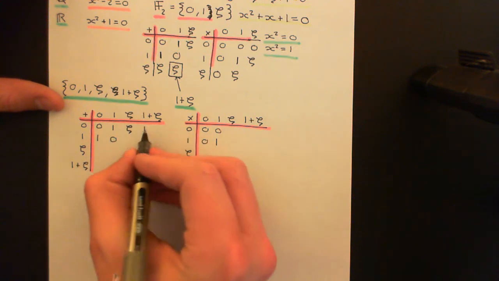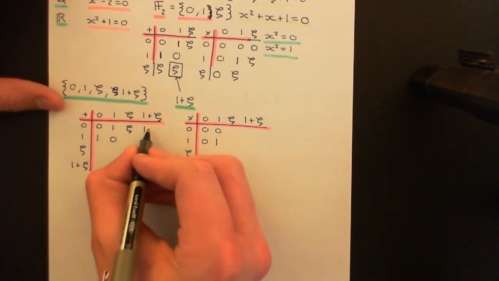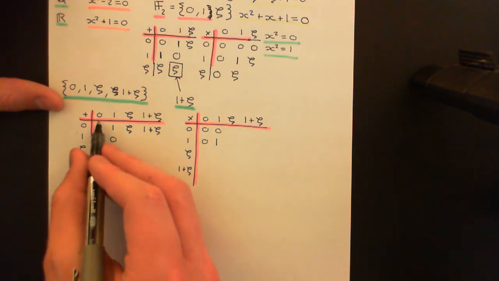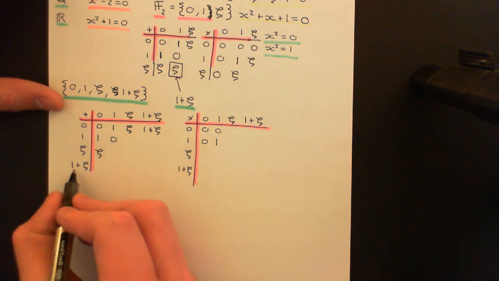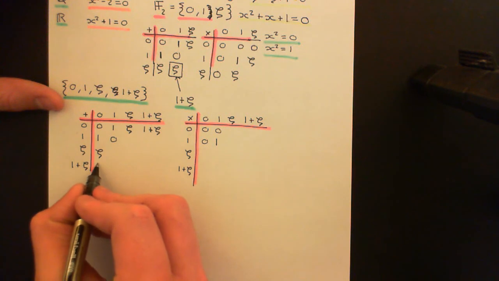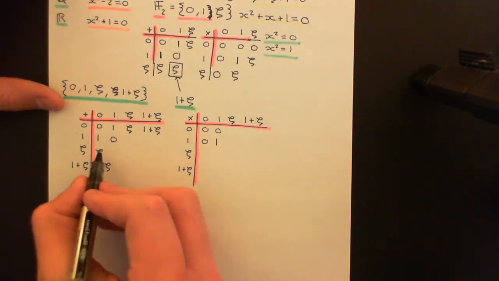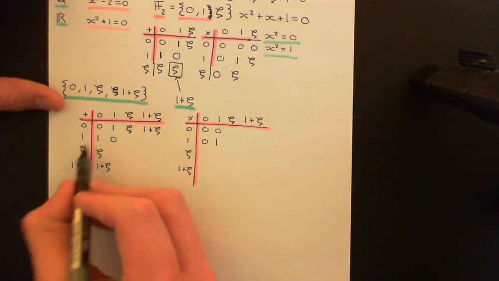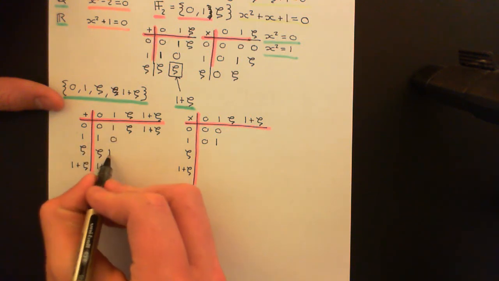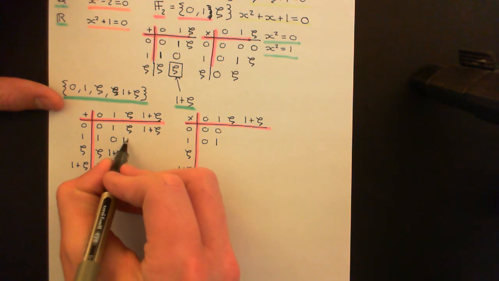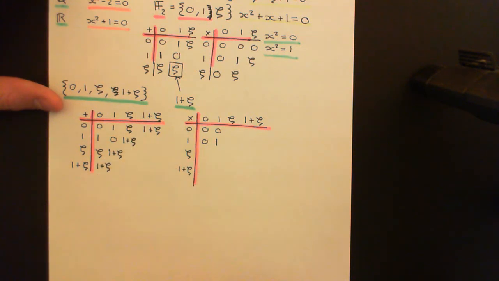So 0 plus zeta will be zeta, 0 plus 1 plus zeta will be 1 plus zeta back again, zeta plus 0 will be zeta, 1 plus zeta plus 0 will be 1 plus zeta. Okay, now of course we created 1 plus zeta so that it would be the answer to zeta plus 1, so the answer to zeta plus 1 will be 1 plus zeta, and of course the answer to 1 plus zeta will be 1 plus zeta.